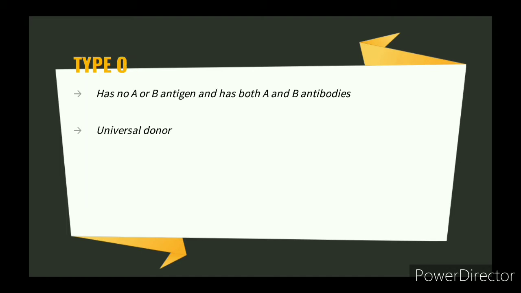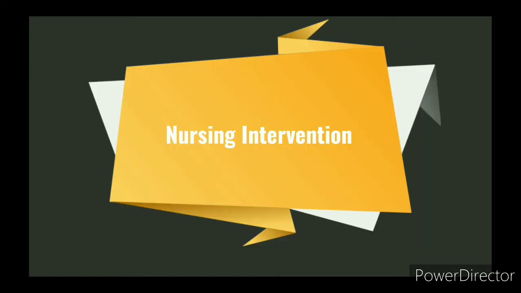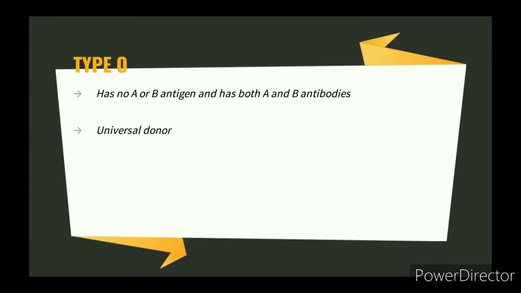Next, type O has no A or B antigen, has both A and B antibodies. Type O is also called universal donor. Pag type AB, universal recipient. Okay, wag malilito. Ang O, ayan ay universal donor.